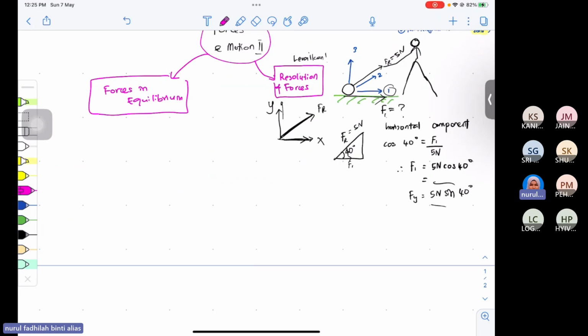So, forces in equilibrium maksudnya, okay, first you kena tahu definition. Kan, kita ada definition yang kena hafal. Salah satunya, you kena tahu apa maksud equilibrium of force.